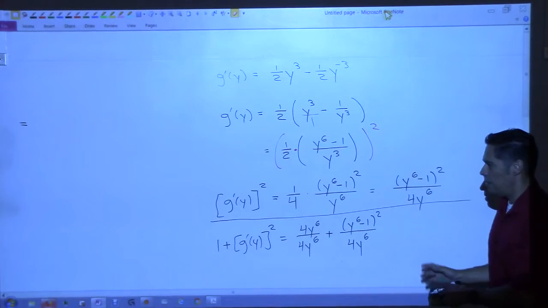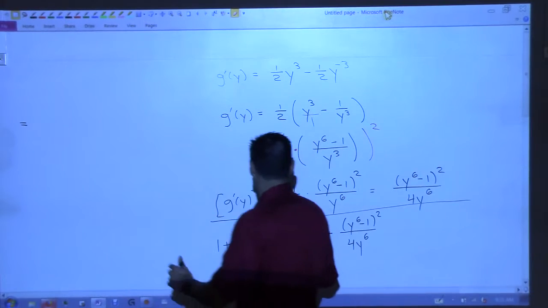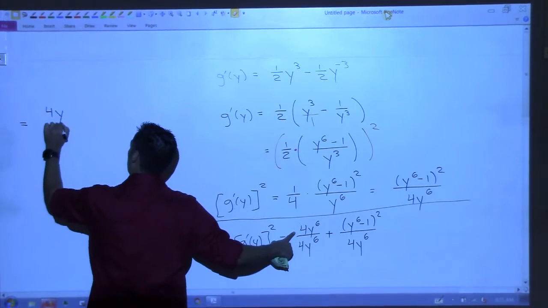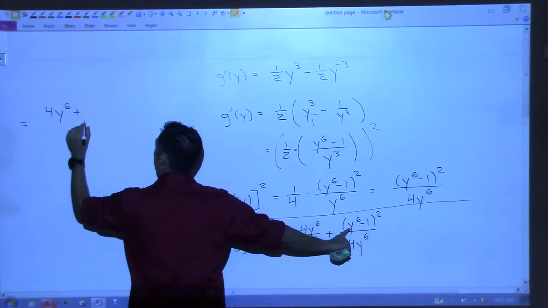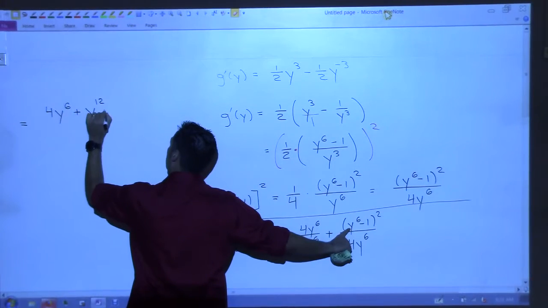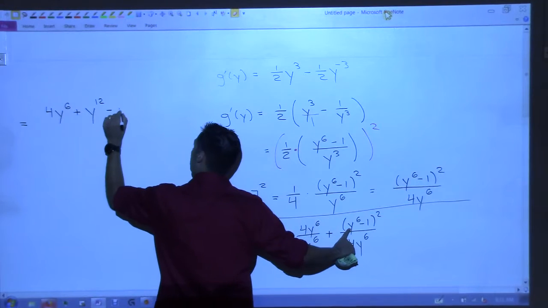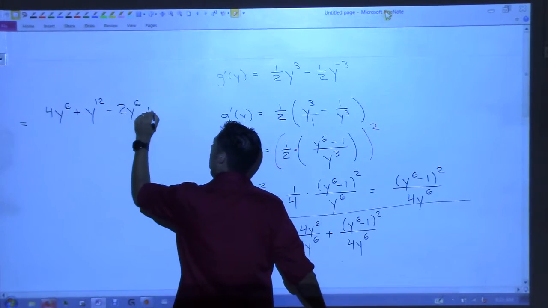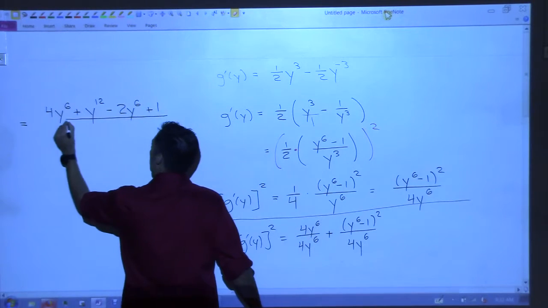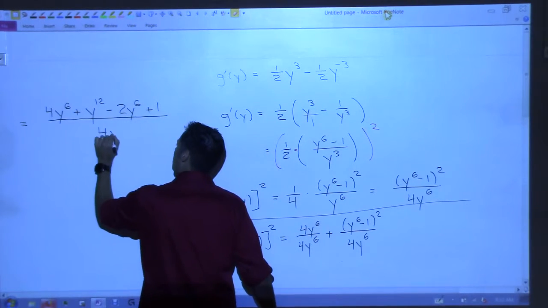So 4y to the 6th, we're about to find out, plus what would that be squared? y to the 12th minus 2y to the 6th plus 1, all over your common denominator, 4y to the 6th.